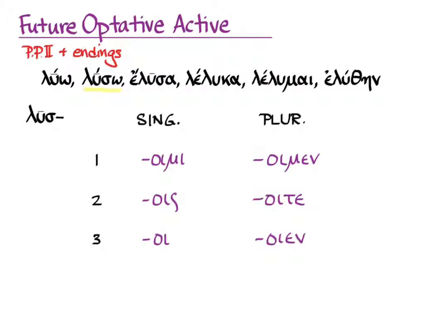And I hope those look quite familiar from way back when you learned the present optative active. The accent is recessive, and just like the other future tense forms that you know, it has progressive, repeated aspect.